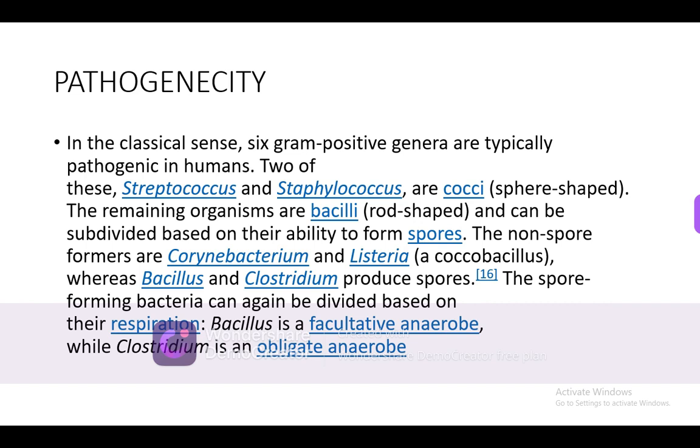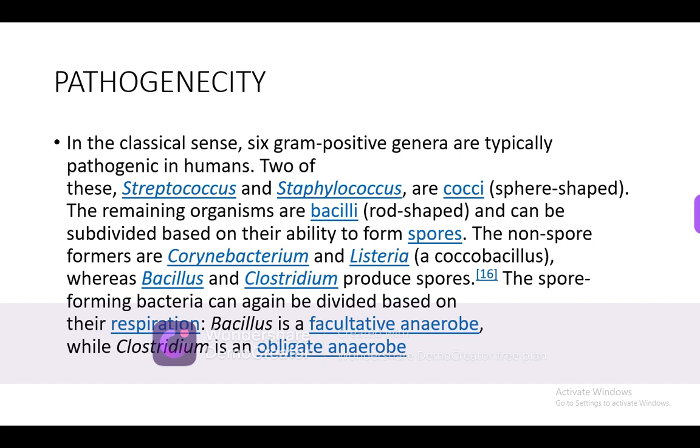As far as pathogenicity is concerned, in the classical sense, six gram-positive bacteria are typically pathogenic to humans. Two are cocci: Staphylococcus and Streptococcus pneumoniae. The remaining organisms are bacilli, rod-shaped, and can be subdivided based on the ability to form spores.